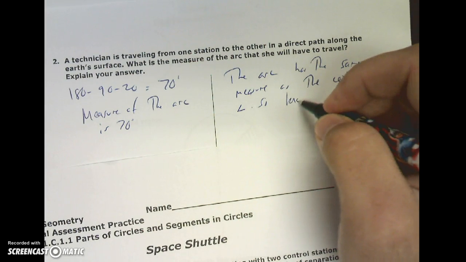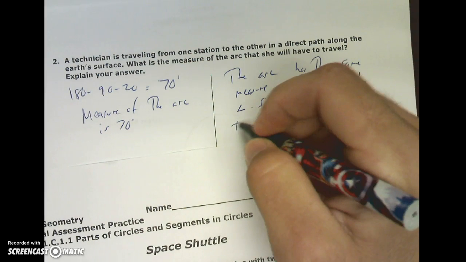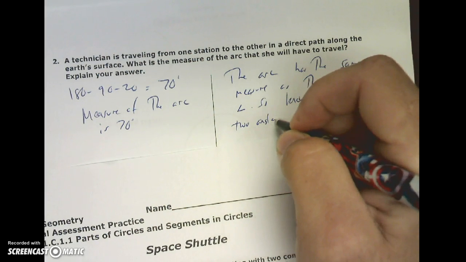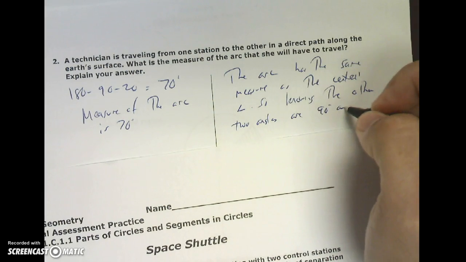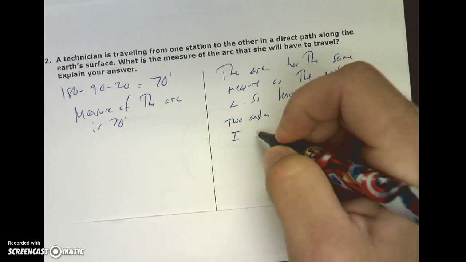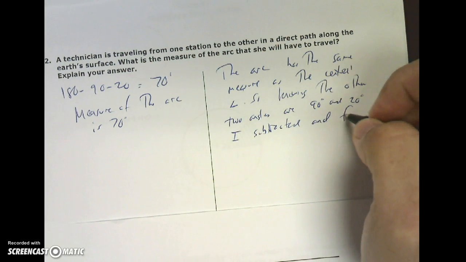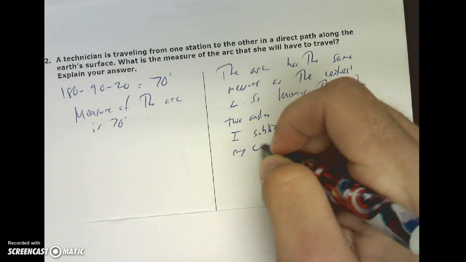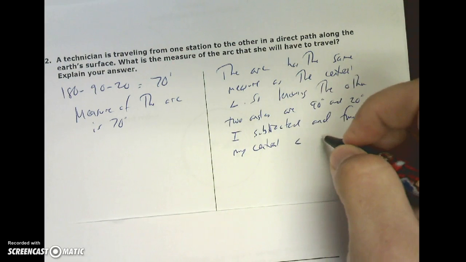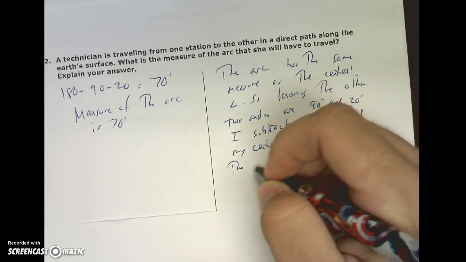So knowing the other two angles are 90 degrees and 20 degrees, I subtracted and found my central angle and therefore the measure of my arc.